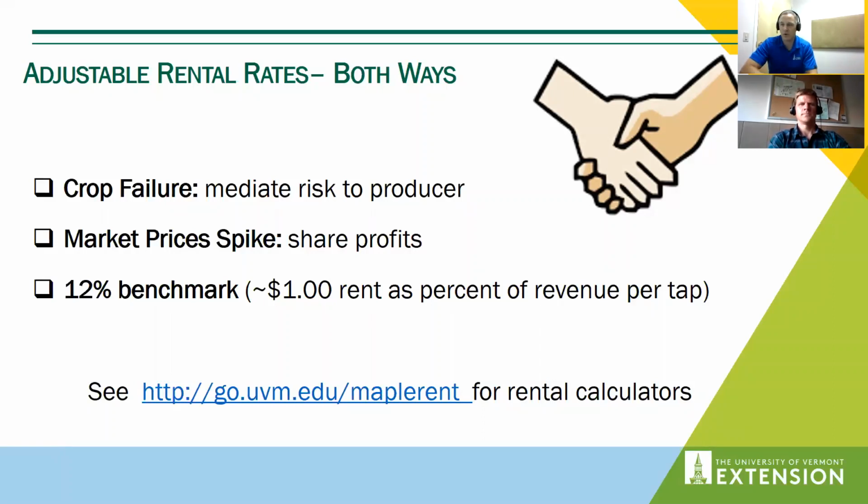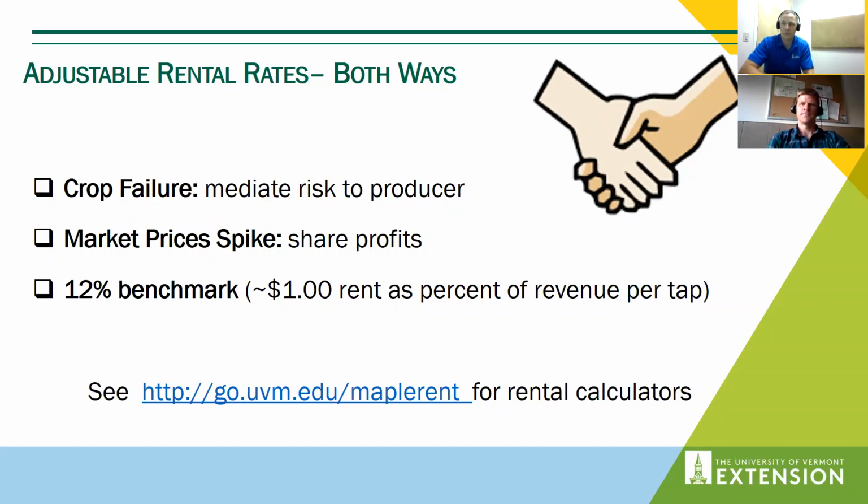We've come up with this 12% benchmark as the factor where right now if we look at about a $1 a tap rental rate and we look at average yields for participants in Vermont, we come up with the rental rate would be 12% of the revenue generated from that tap. And I didn't say it, that's at bulk prices. So I think that's somewhere around $2.10 or $2.20 a pound bulk syrup at average Vermont yields.